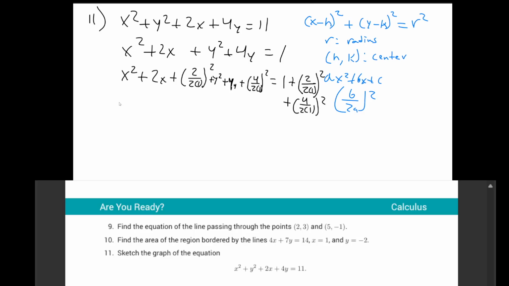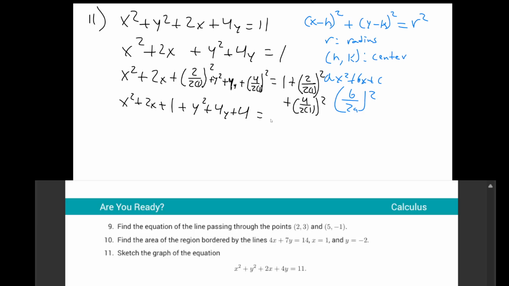Now, I'm going to simplify this to x squared plus 2x plus 2 over 2 squared. Remember, parentheses first. 1 squared is 1. Then plus y squared plus 4y plus 4 over 2 is 2. 2 squared is 4.